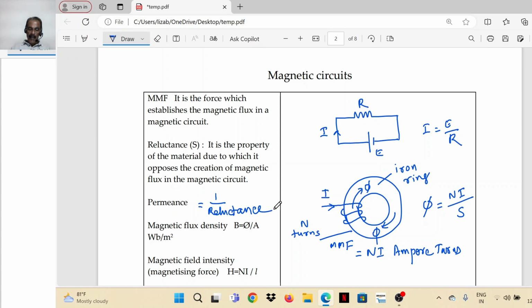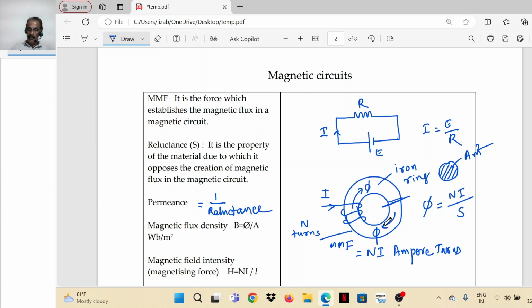Now, next is the magnetic flux density. Magnetic flux density is flux divided by cross-sectional area of the core. So here if we cut the core, then we will see a circular area, which is the cross-sectional area of the core. Assume its area is a meter square.